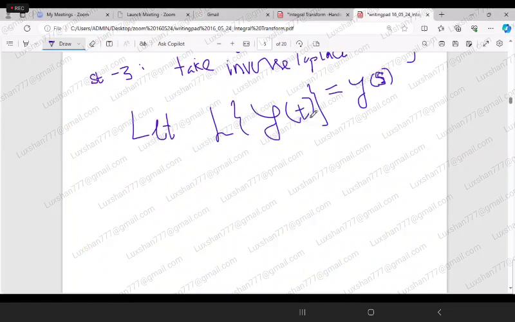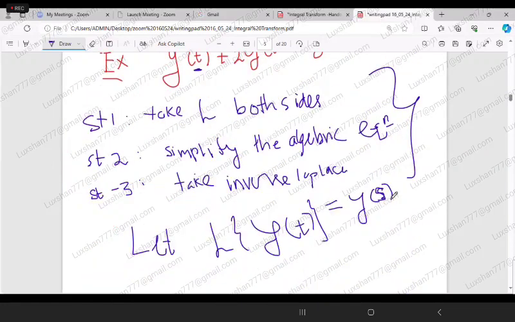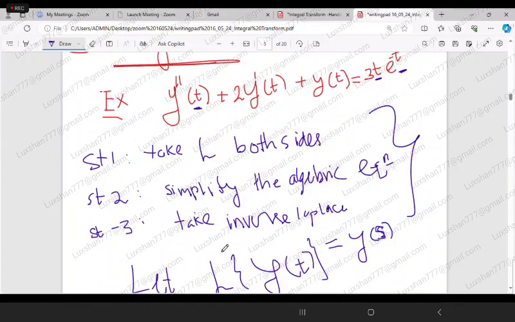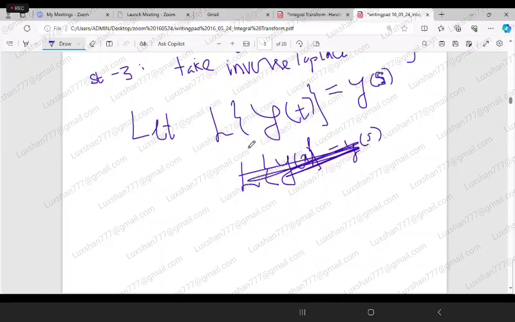You can say Laplace transform of y(x) instead of t, and this variable can be s. If the given equation is in x, you can write the Laplace transform of y(x) as Y(s). Here they have given it in t directly, so we don't want this one. So now we are taking the Laplace transform of y(t) equal to Y(s).